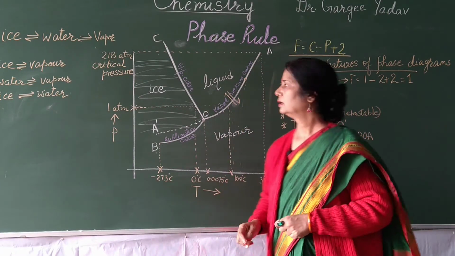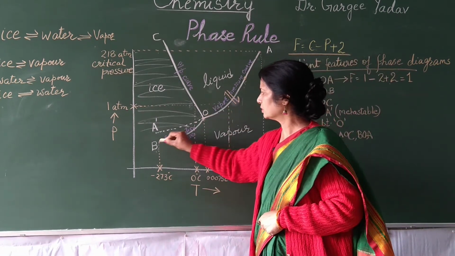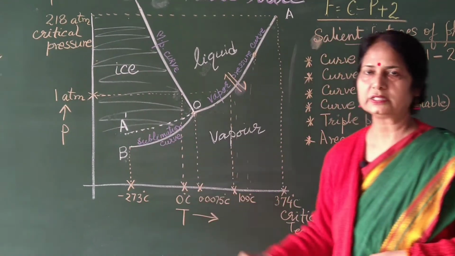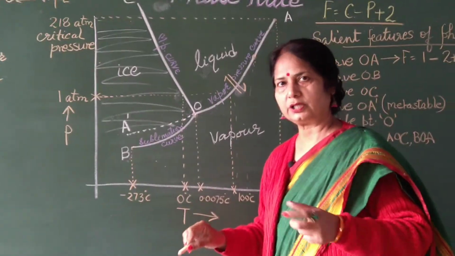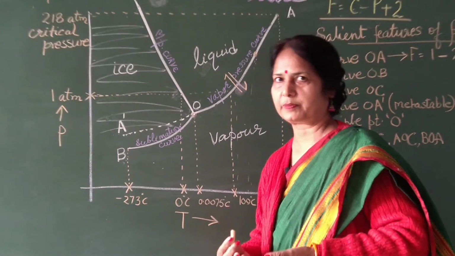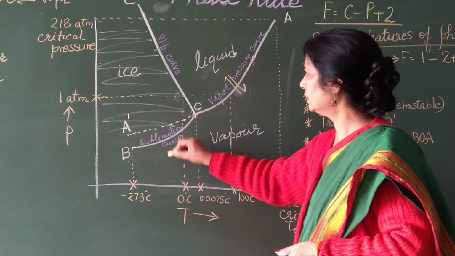Now let's come to this curve OB. OB is the sublimation curve. Along these pressure and temperature conditions, ice changes to vapor state, and there is no involvement of the liquid state over here.